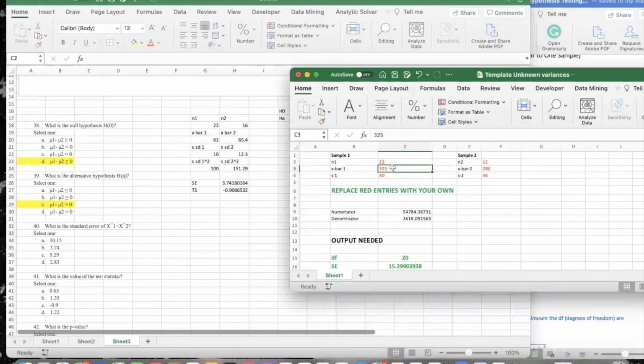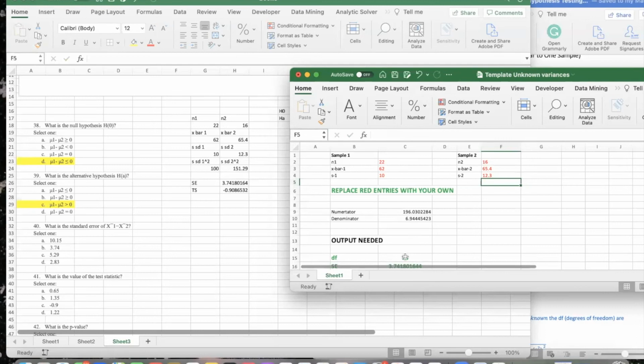X bar 1 is 62. What is our standard deviation 1? That's going to be 10. What is our n2? That's going to be 16. What is our x bar 2? 65.4. And what is our standard deviation 2? That's 12.3.